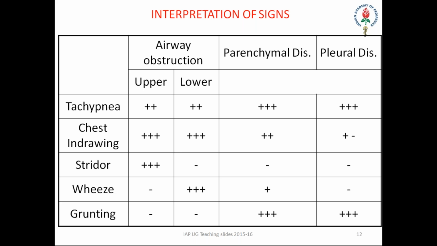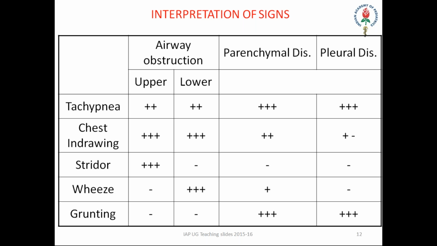Coming to the parenchymal diseases and pleural diseases, tachypnea is present in both of them, and chest indrawing is much more severe in parenchymal than pleural diseases. Stridor is absent in both of them. Wheeze is present if we have a parenchymal disease, and absent in pleural disease. Grunting is seen in both of them.